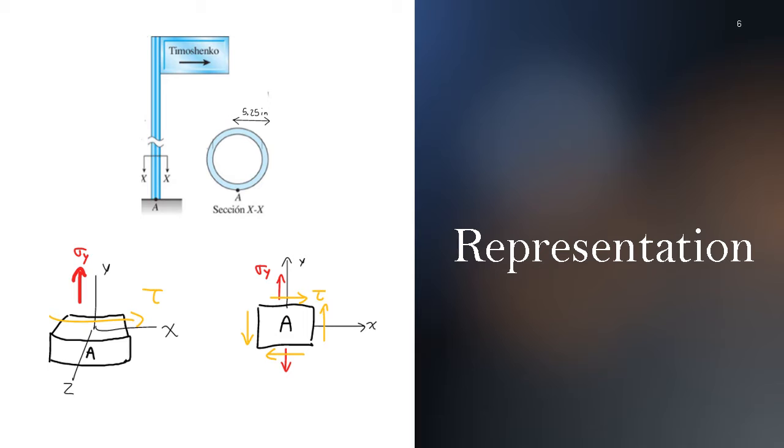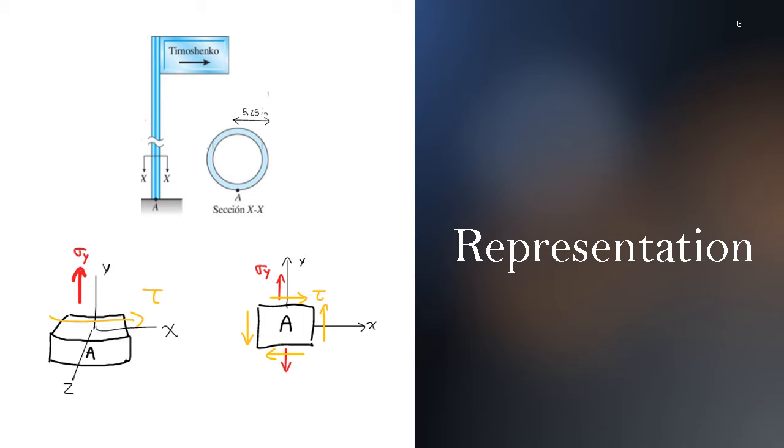We're going to pick this section, draw a rectangle in this case, and we will draw the forces based on the x, y, z plane. After representing it in 3D, we will have a better concept of how this will work.